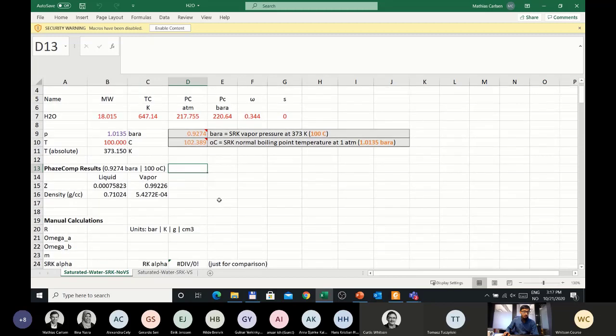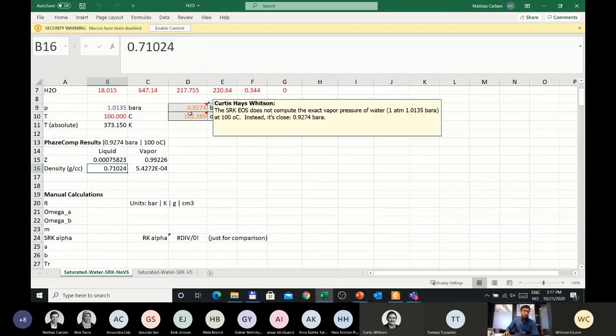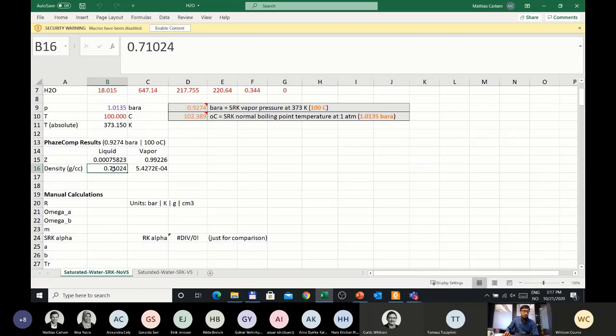And regarding the densities, the liquid phase density at this vapor pressure with this SRK equation of state model is 0.7104 gram per cc, and we know the liquid phase density of water at the boiling point has to be about 1 gram per cc. So you see that there is a big deviation.